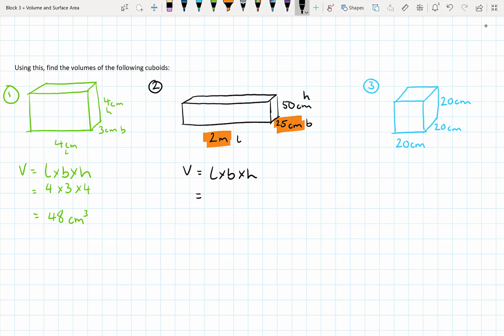The formula is only going to work if all our measurements are in the same units. So they all need to be either metres or centimetres. I'm going to change my 2 metres into centimetres because that's one less thing I need to change. So 2 metres is the same as 200 centimetres. Now they're all in centimetres, so I can put them into my formula. So I've got 200 multiplied by 50 multiplied by 25.